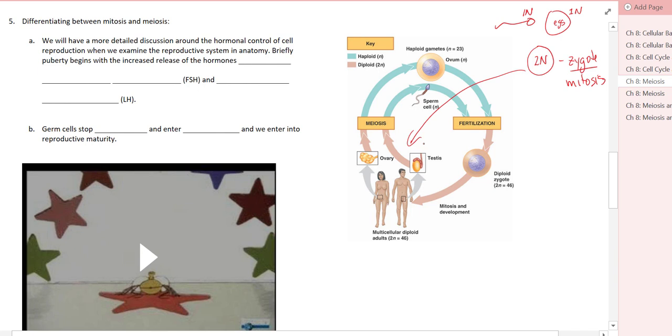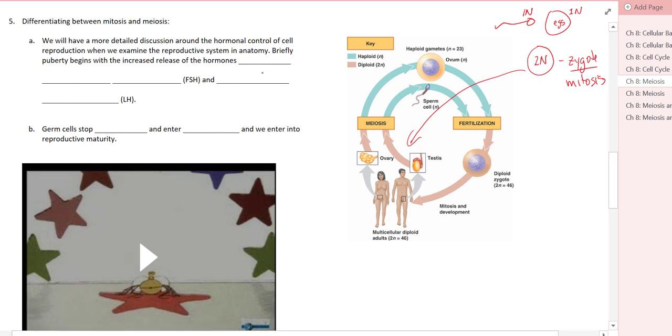And meiosis really doesn't kick in until puberty, in which individuals start producing reproductive cells, sperm and egg. We'll look at it in more detail when we get to the reproductive system, but essentially it's a result of increased hormonal production that leads to meiosis being triggered within developing teens, right?